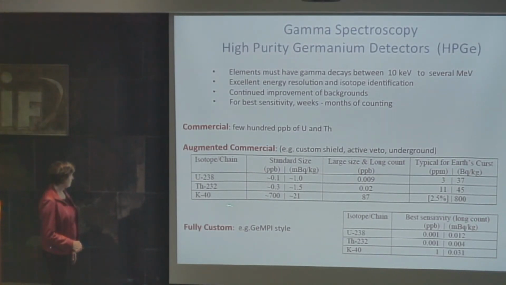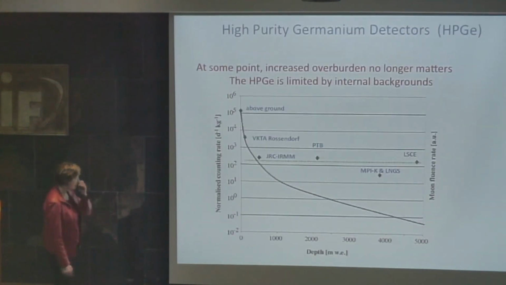There's a wide range. And then finally, there's this thing called GEMPI, which is basically just germanium from Planck. The MPI Institute has done a lot of work on making the very best ones, and they're still champs.